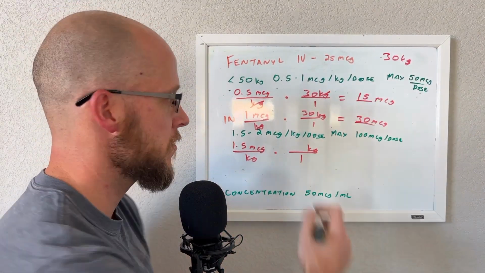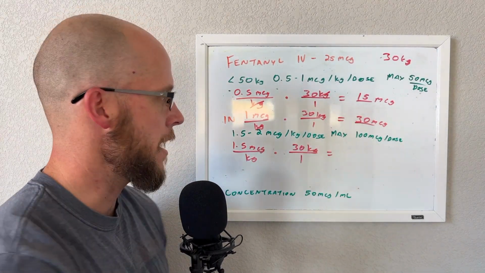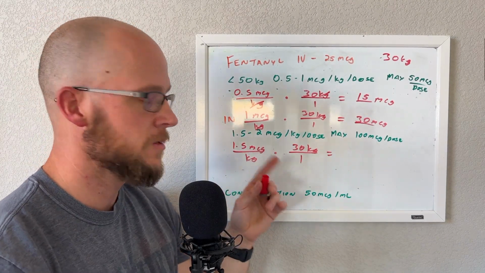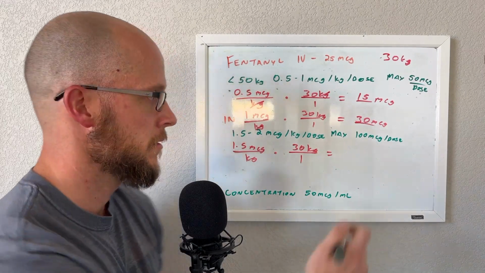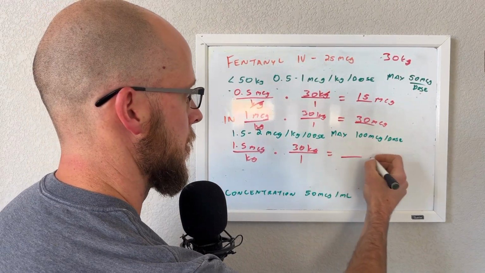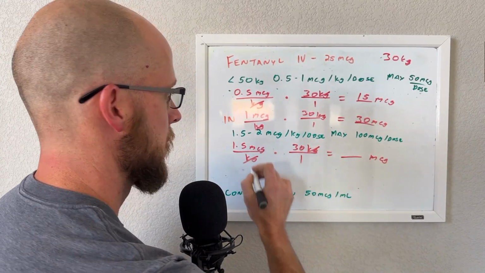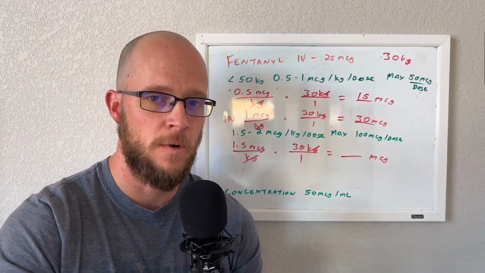So our weight is 30 kilograms. All right. Then you're going to multiply it. So 30 times 1.5, right? And you end with your micrograms over there. So 30 times 1.5 is 45.